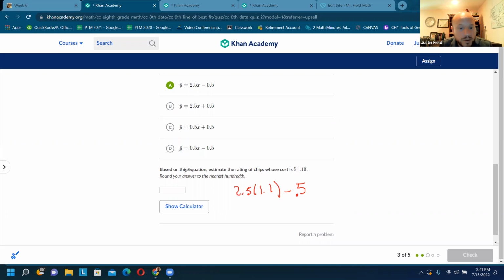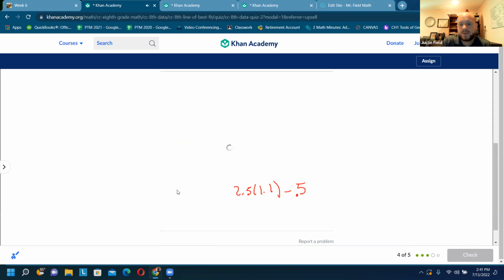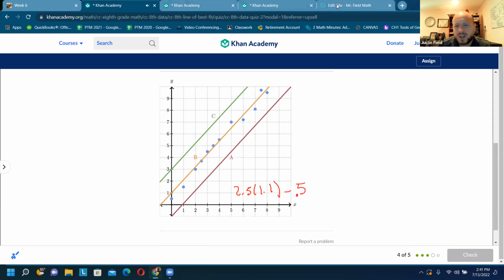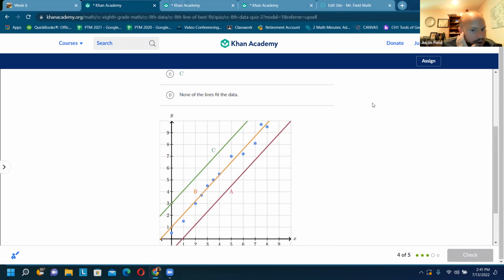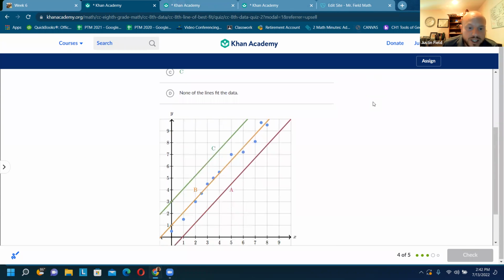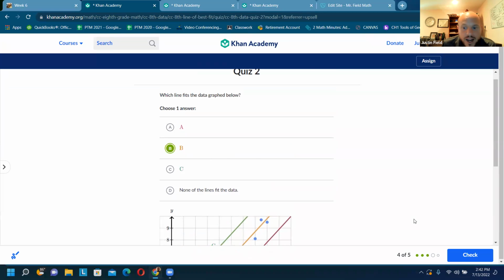So that means the estimated rating of the chips is 2.25. Okay, so that one could be tough, but we can talk more about it. Hey, but this one, you see that orange line there, B, really fits the data, doesn't it?